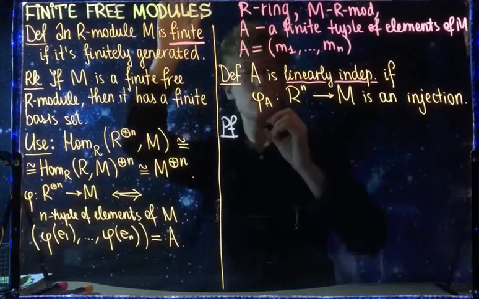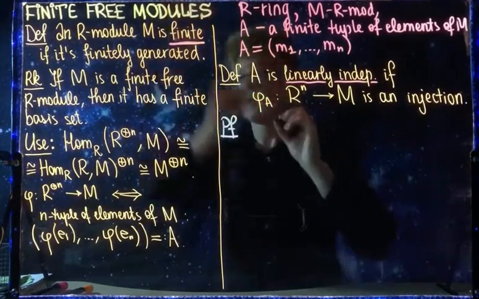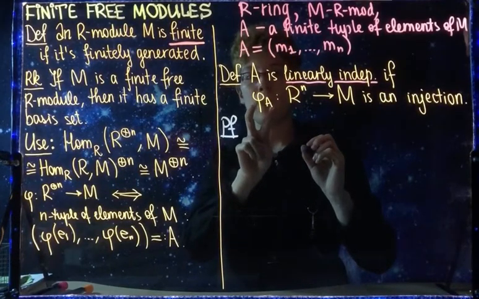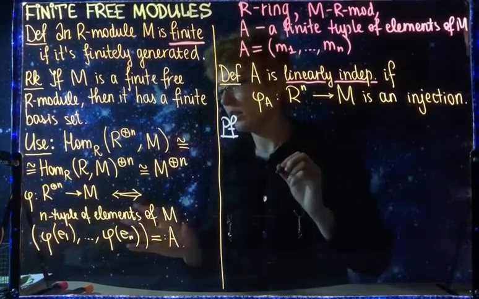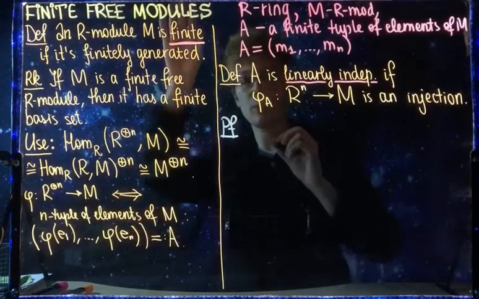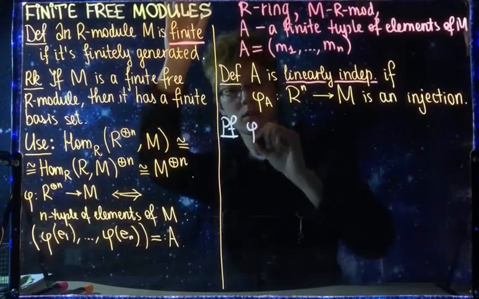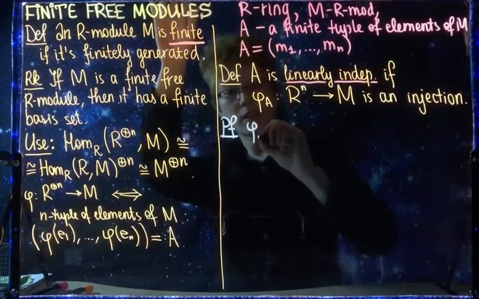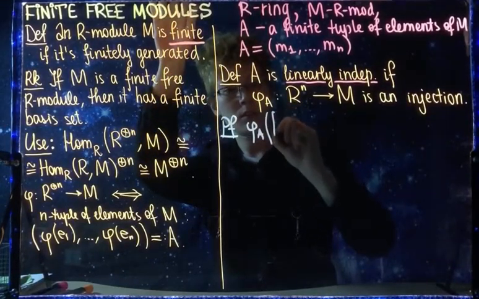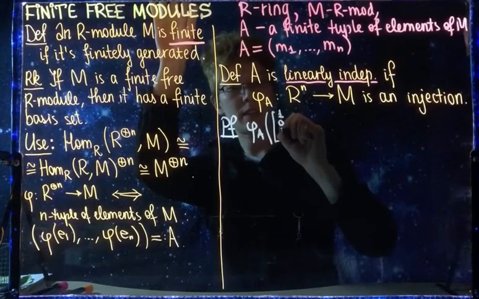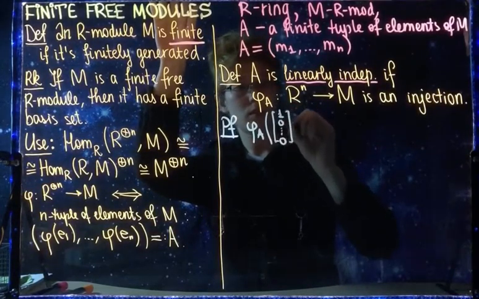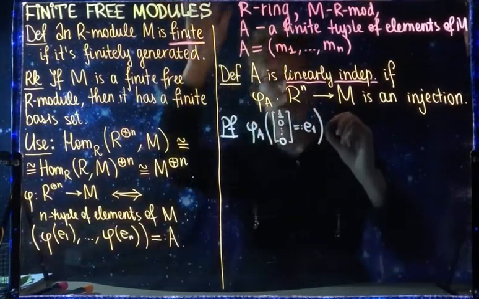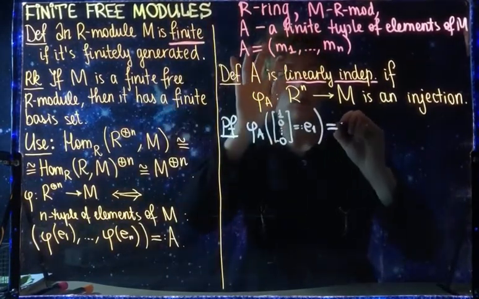So for this, let me describe explicitly how phi sub A looks via this correspondence. If A is of this form, then phi A of the first standard basis vector 1, 0, 0, 0, etc., which I denoted here by e1, is equal to m1.